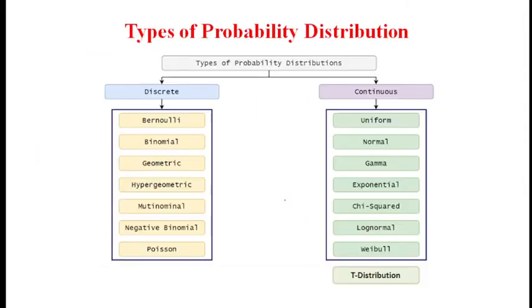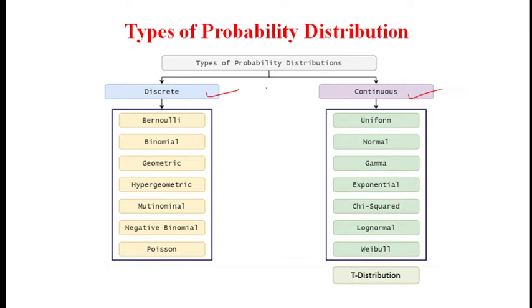Let me cover the types of probability distribution. Before we jump into the individual distributions, note that they are classified into two types: discrete probability distribution and continuous probability distribution. What is a discrete distribution? Discrete, as the name suggests, can take only specified values.